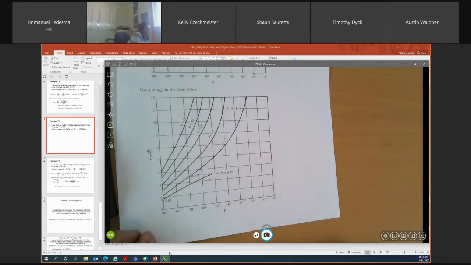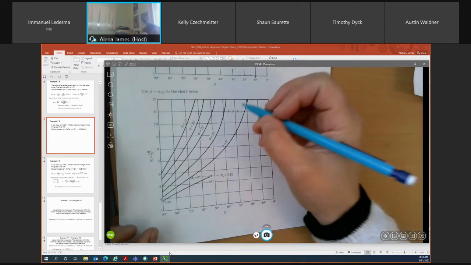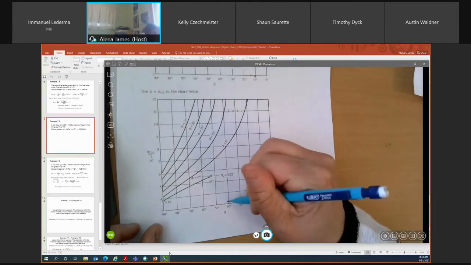So this is our second Taylor's chart. This is the one we use if we have a friction angle that is greater than 0. In this example problem, we know what beta is, and we also know our phi d value. Our phi d value is 8.6, and beta is 40 degrees.